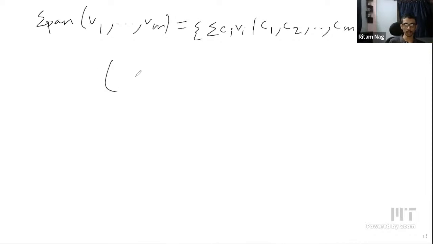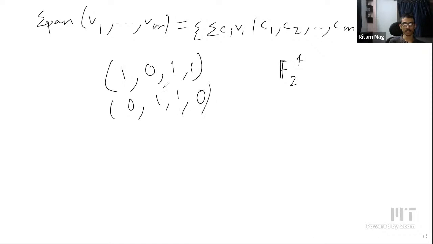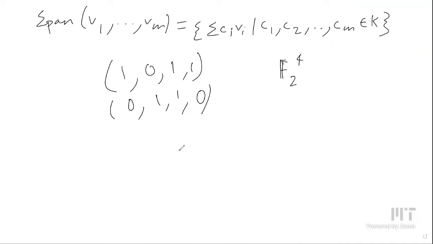Suppose you have the vector space F2^4, and you are given a couple of vectors, 1 0 1 1 and 0 1 1 0. What's the span of these two vectors? C1 times the first vector plus C2 times the second vector.